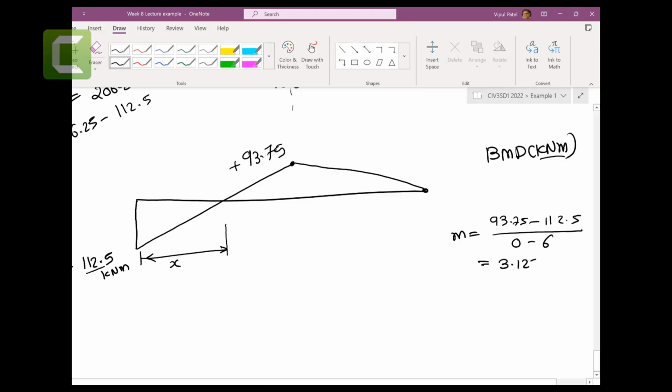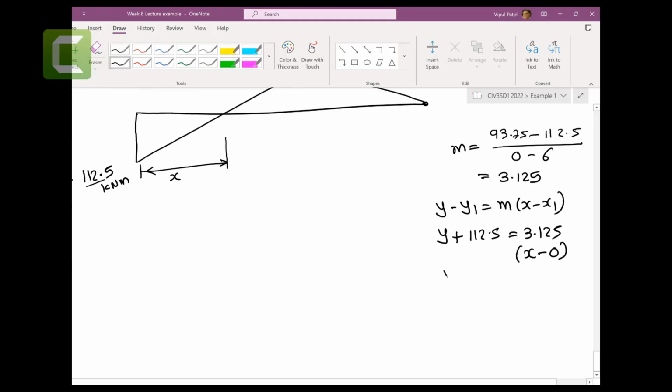So 3.125 slope. Slope 3.125 x, 3.125x minus 112.5. So this would be 0. 112.5 over 3.125x.